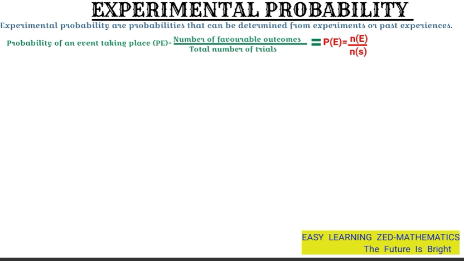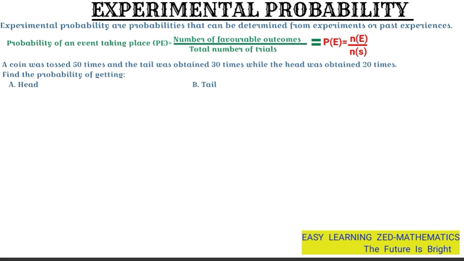If you are tossing a coin, how many times have you tossed the coin? That is the number of trials. On top, NE is the favorable outcome. Remember, where there is E, we can replace it with the outcome you want of any scenario.